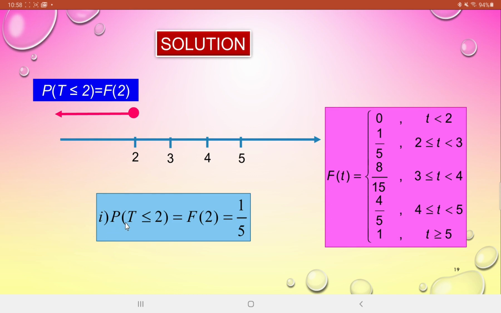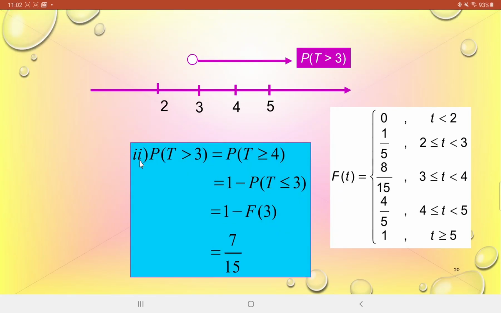1. The probability T less than or equal to 2 is equal to F(2). So from the cumulative distribution function, F(2) is equal 1 over 5. 2. Probability T more than 3 is equal to probability T more than or equal to 4. To find probability T more than or equal to 4, we subtract probability T less than or equal to 3 from 1. So 1 minus F(3).